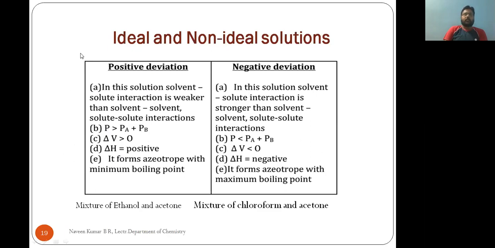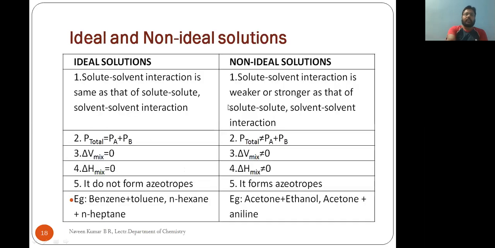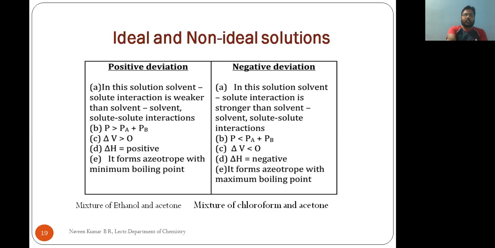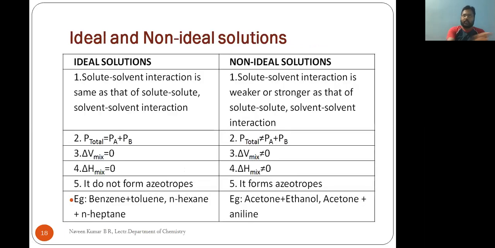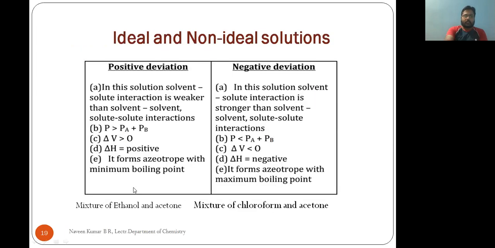Try to relate the differences when you are learning it. In the previous slide, I took ideal and non-ideal; here I have mentioned positive and negative. You can make a comparison of all three together. Instead of non-ideal, you divide this into two, positive and negative, and write the points accordingly for each. With this, we'll go to our next concept.